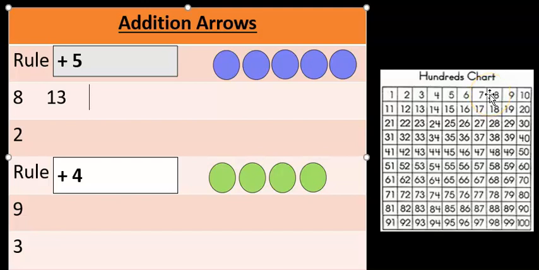We're going to add on plus 5 to get our answer to see if that 13 is correct. Now watch Mr. Begay. We're going to start at 8. 1, 2, 3, 4, 5. And it is correct. Look at that. We landed right on 13, which we did put there.